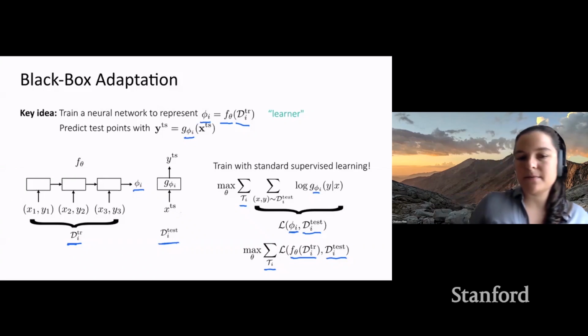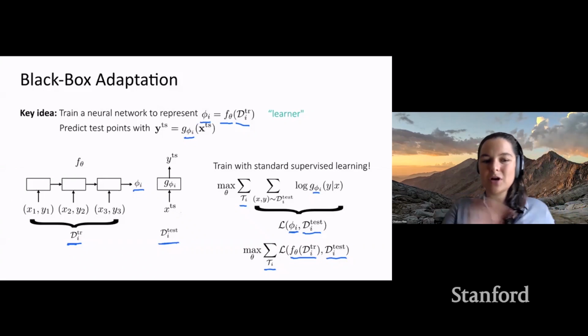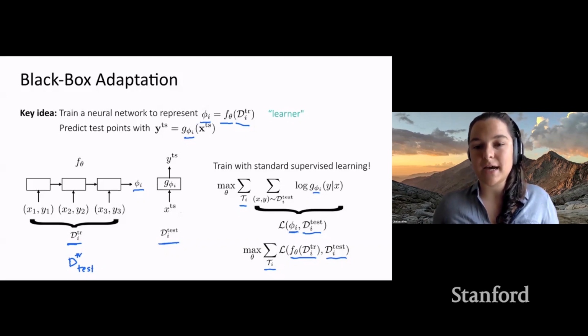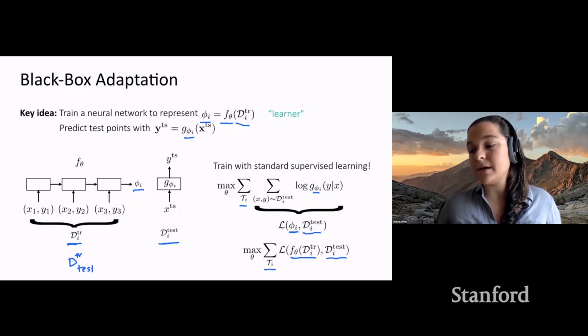And then at test time, you no longer have any of the meta-training data set, and you're given a data set for a test task. This is the training data set for this new task. You pass that into the model, and that gives you a model that generalizes for that test task. But you don't need any of the meta-training data to do this at test time.